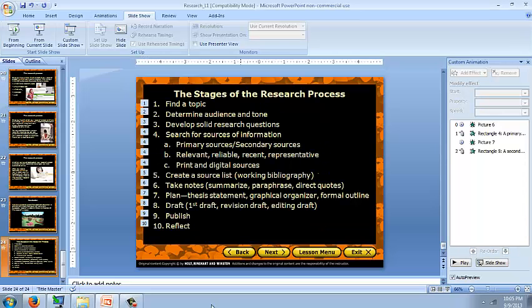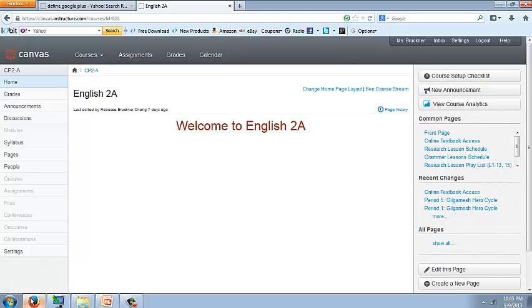But what I would like to show you is in Canvas, where you can find our schedule for the research project. So here we have our home page for English 2A. And over on the right-hand side, you can see Common Pages. And one of them is Research Lesson Schedule.